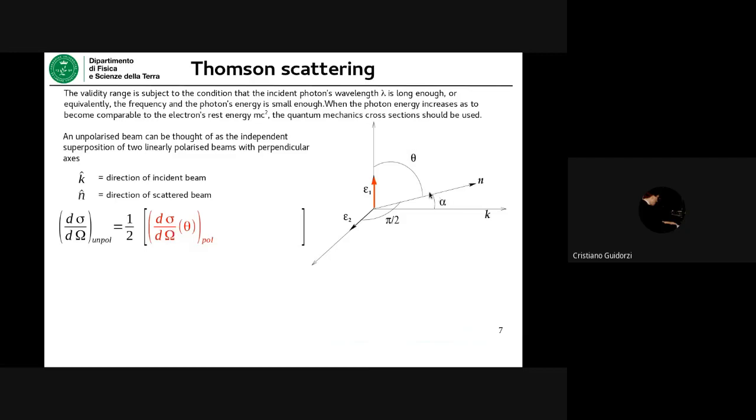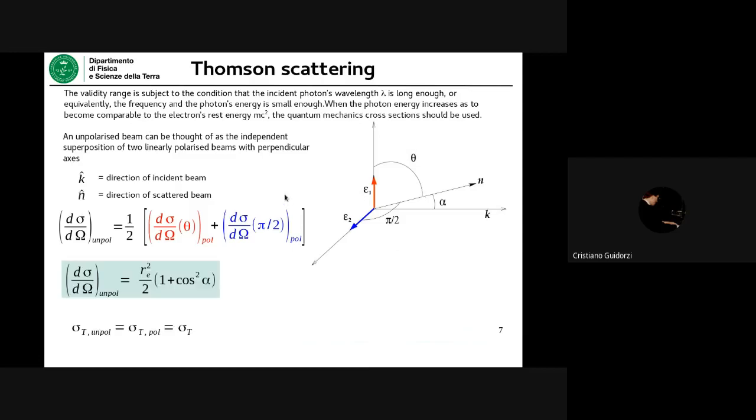Well, if I call alpha the scattering angle, the angle between the direction of propagation and the generic position, I can use the very same formula. Now, the angle between epsilon 2 and n is 90 degrees, so I can use the very same formula as before, taking the special value of 90 degrees.